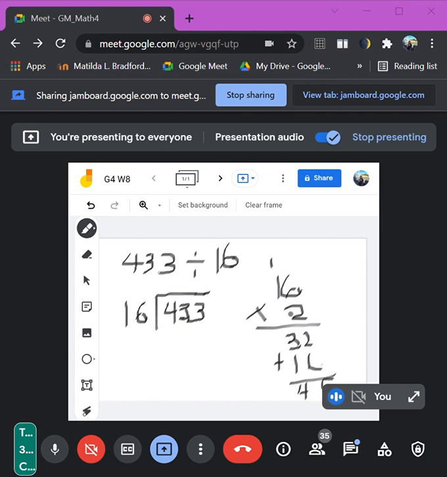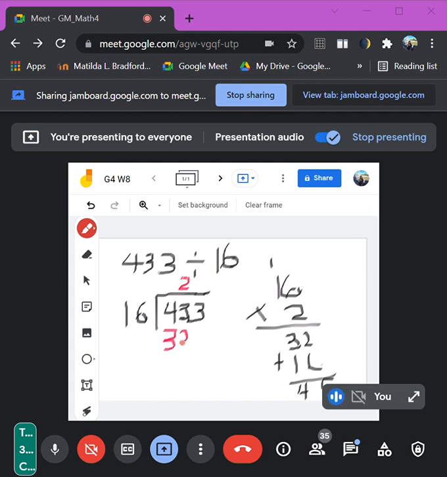So we go with 2. We are going to put that 2 above the 3, because we are using 43. Okay, so you have there 2. And then 2 times 16, you write the result here. That is 32.